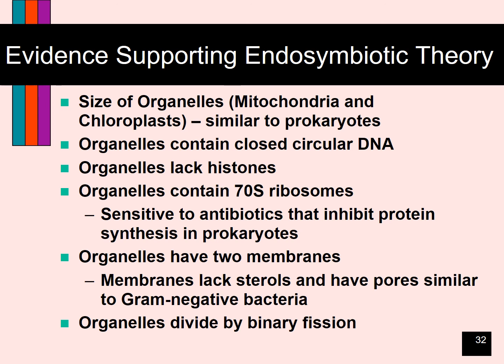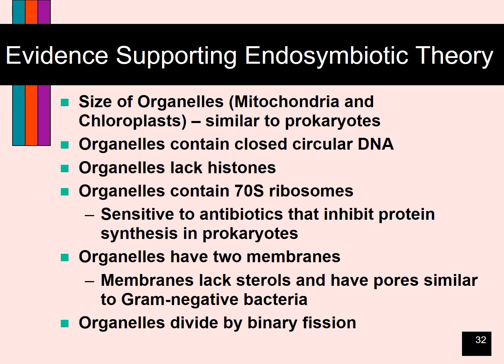Also, like prokaryotes, the DNA lacks histones, which are DNA binding proteins that are found in eukaryotes. The ribosome that is in the mitochondria and the chloroplasts is a 70S ribosome, not an 80S eukaryotic ribosome.